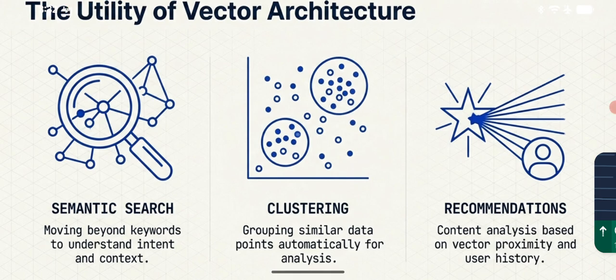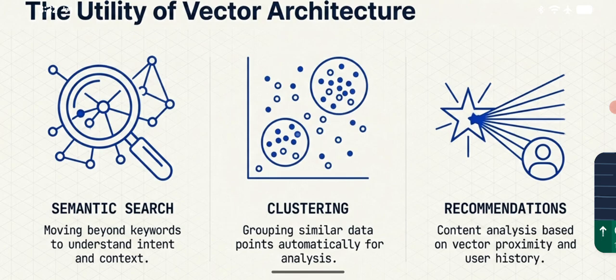So where all can we use vector architecture or vector embedding? One is semantic search. Like if you say I want to arrange a meeting, I want to have a meeting, I need an appointment, all those are different words, but semantically they all have the same meaning. Clustering: grouping similar data points automatically for analysis, right?